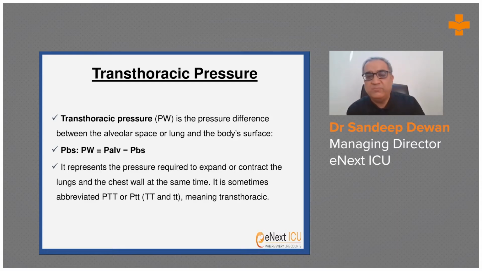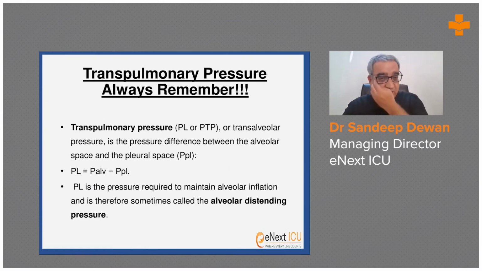It shows the amount of pressure required to expand or contract the chest wall. So the first pressure the ventilator needs to overcome is the airway resistance. The second is the transthoracic pressure between the alveoli and the body surface, the amount of pressure required to expand the chest wall.